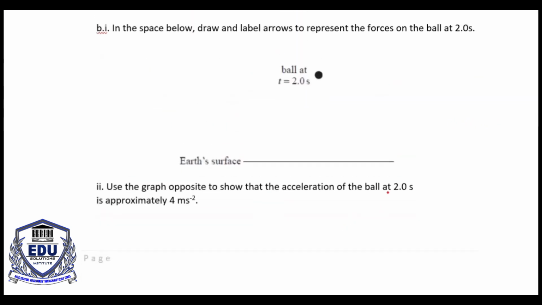So there would be a force from the center of the ball going down, which is your weight, and also a force going up from the air particles, which is smaller than your weight, and that is your air resistance. It's smaller because the object is still accelerating, still speeding up. Therefore, weight has to be greater than the air resistance.